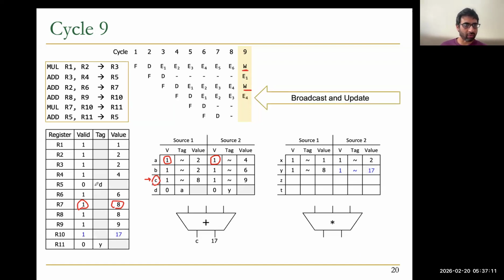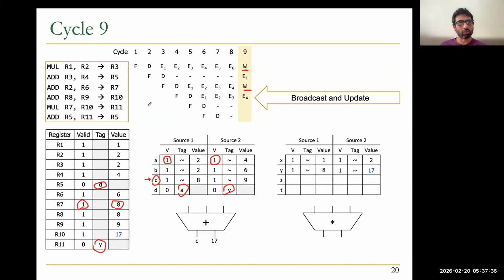Here we have D, here we have Y, right? And here we have tag A and tag Y, right? So C is not used anywhere. So we will only update the register in the next cycle.